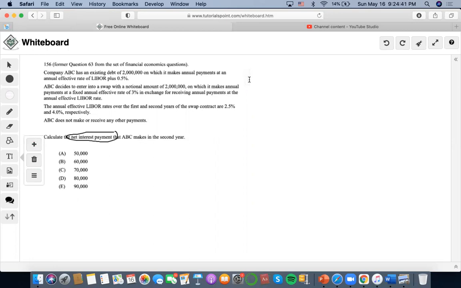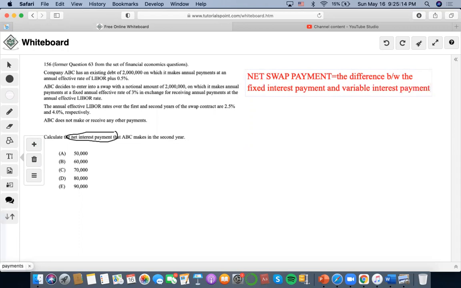So now, first of all, let's go over what a net swap payment is. A net swap payment is the difference between the fixed interest payment and the variable interest payment.